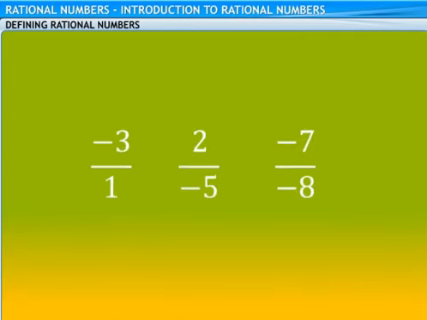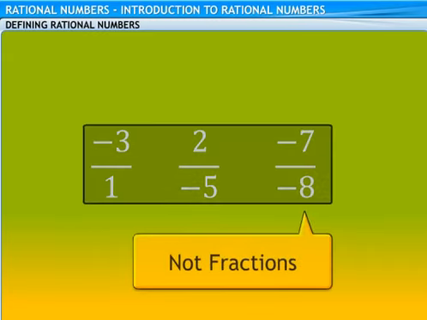But some of these numbers are made up of negative integers. In the first number, the numerator is a negative integer. In the second, the denominator is a negative integer. While in the third number, both the numerator and the denominator are negative integers. By definition, these numbers cannot be called fractions.